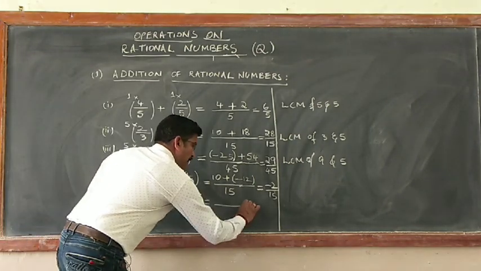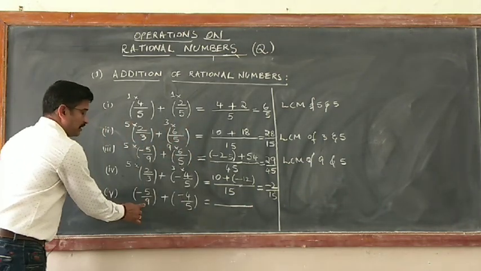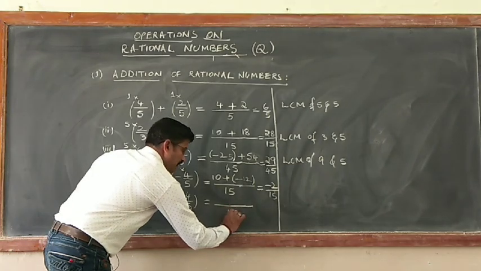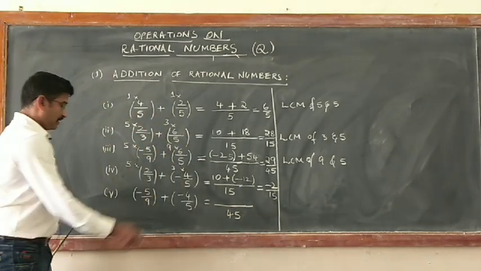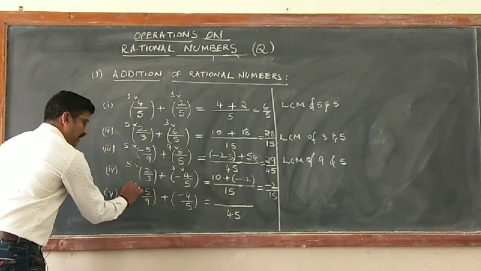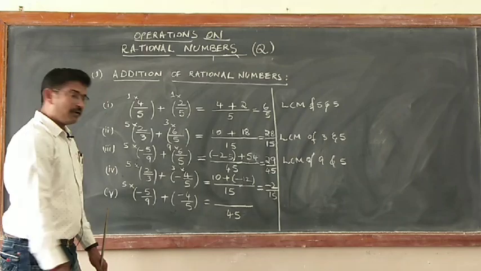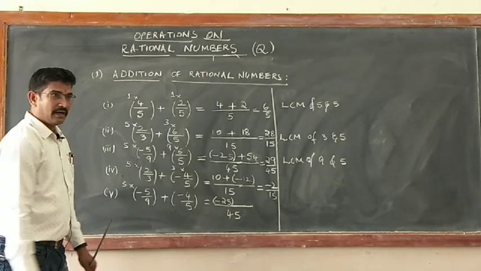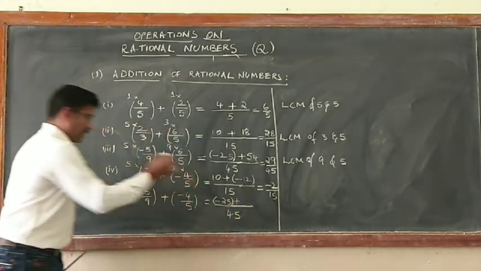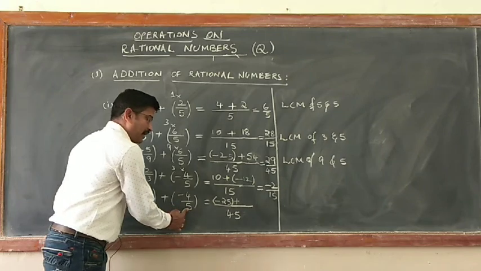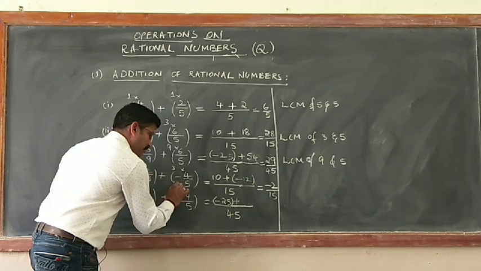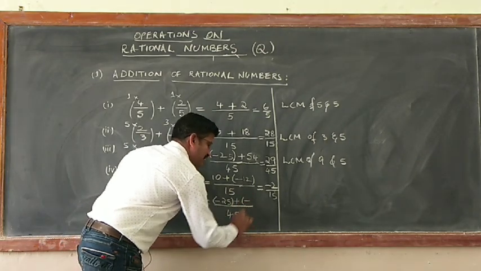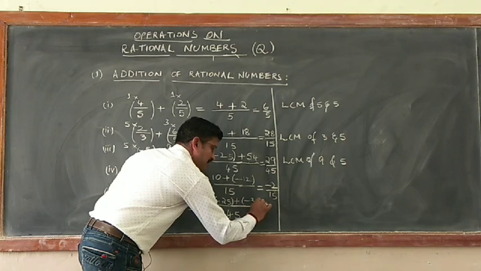Here LCM of these both denominators 9 and 5 is 45, and 9 in this LCM 45 for 5 times, 5 minus 5s are minus 25, addition symbol, and this denominator 5 in 45 for 9 times, 9 minus 4s are minus 36.